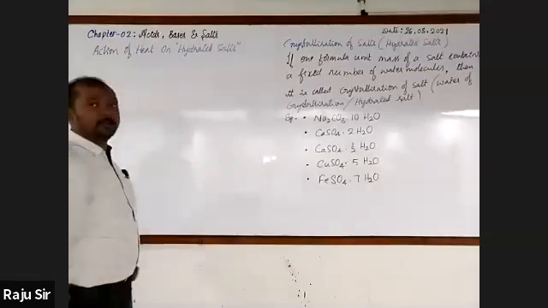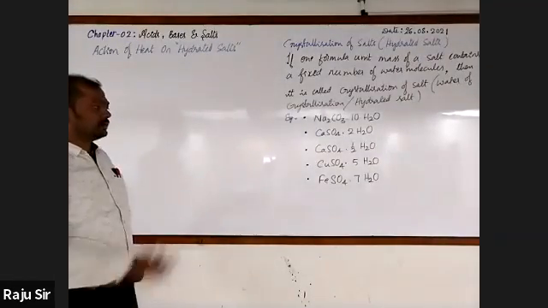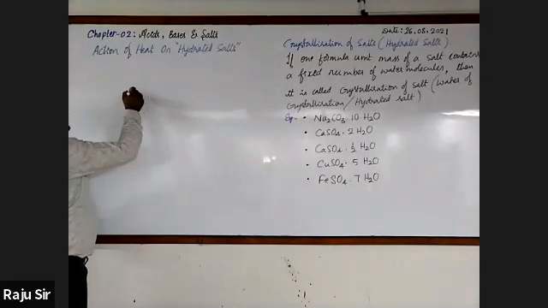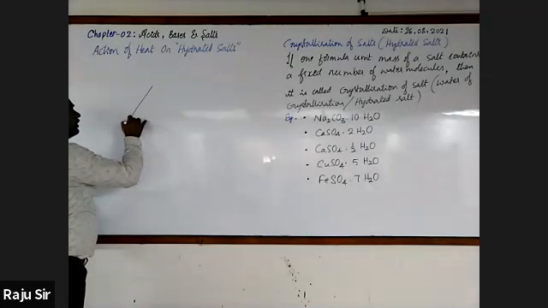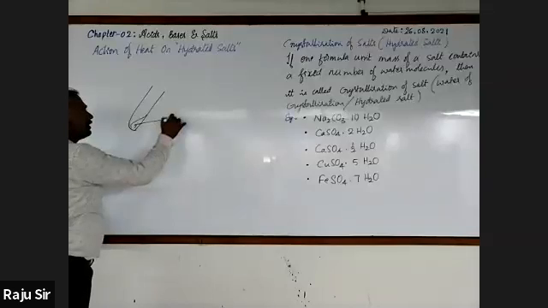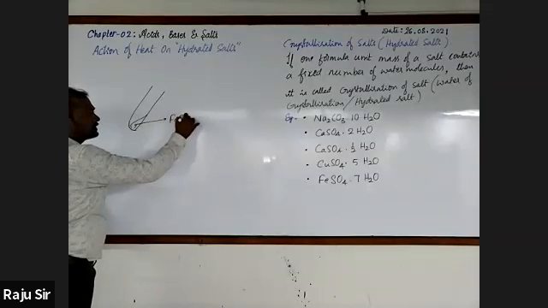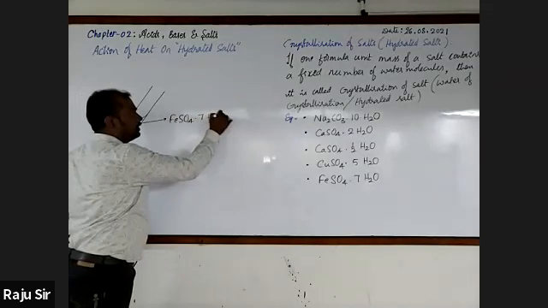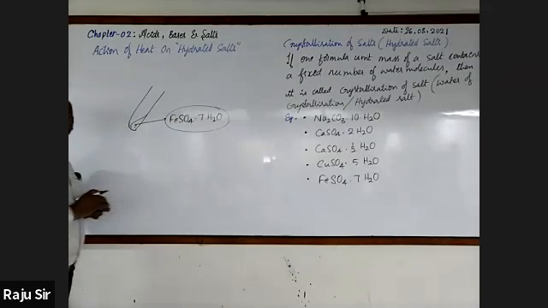I'll take iron sulfate, and here let me take a test tube. In this, the crystals of iron sulfate are taken, FeSO4.7H2O. It is hydrated iron sulfate.